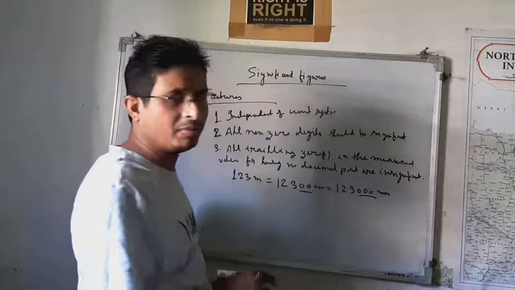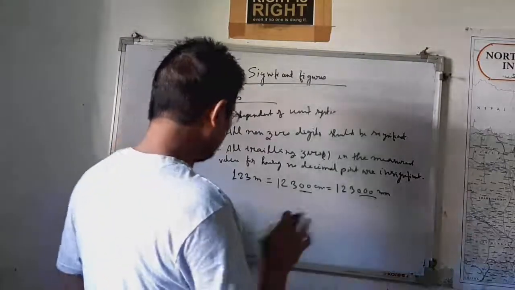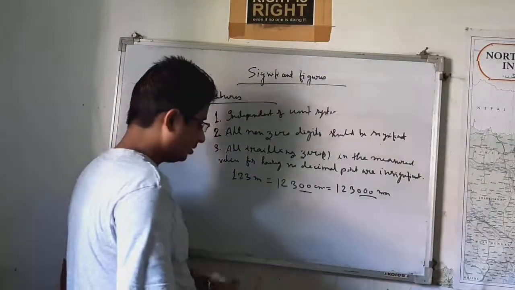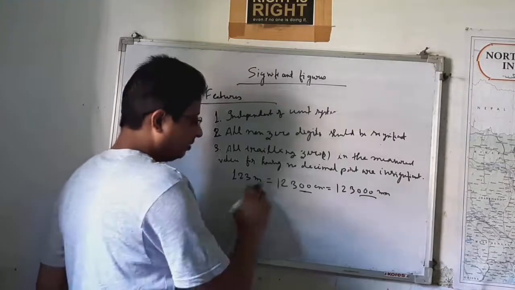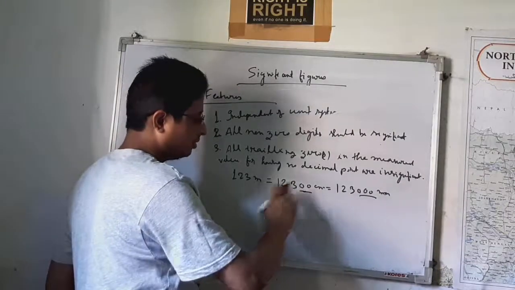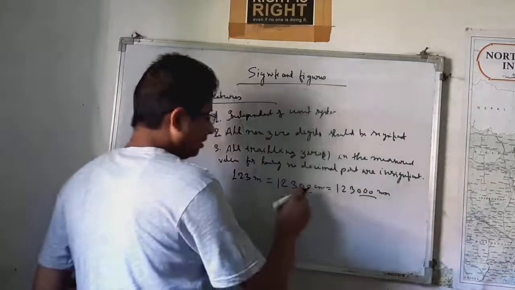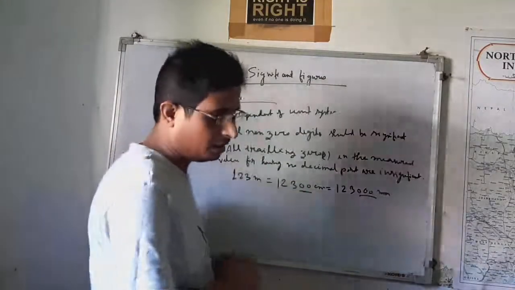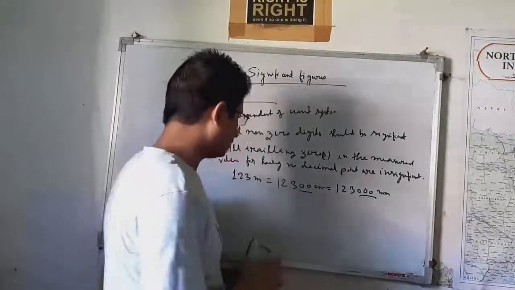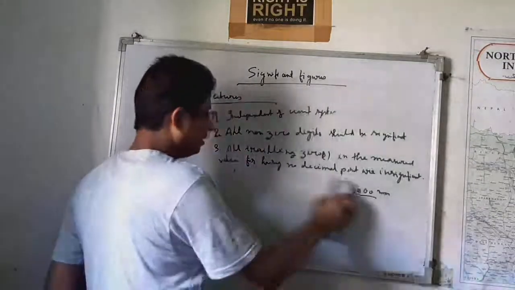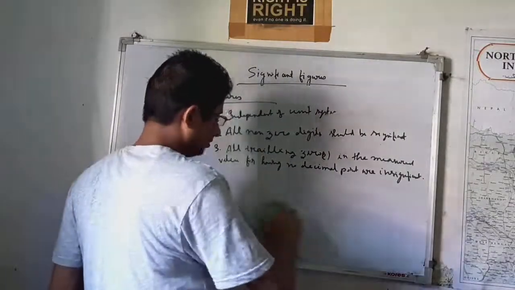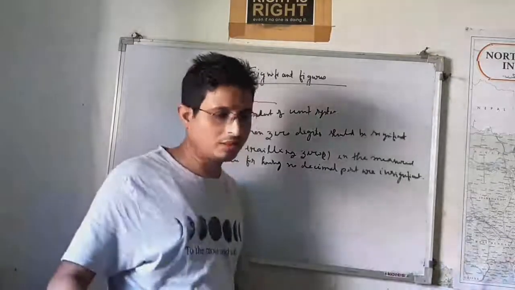Because here we have not written any decimal point. So 123 meter, 12300 centimeter, and 123000 millimeter. Here these zeros are trailing zeros, and in that case these are insignificant.